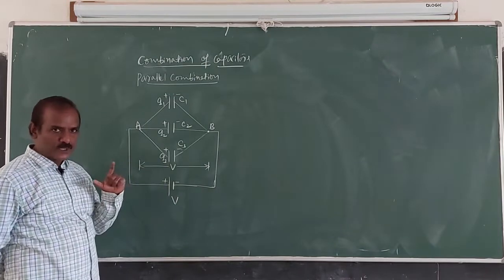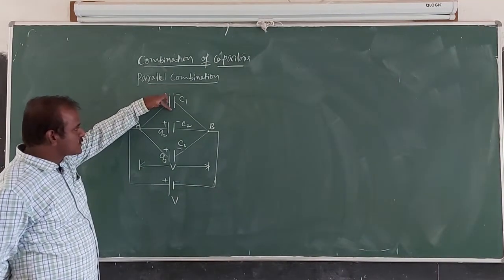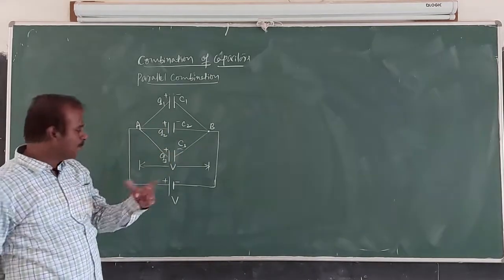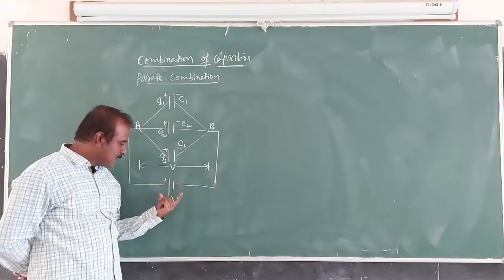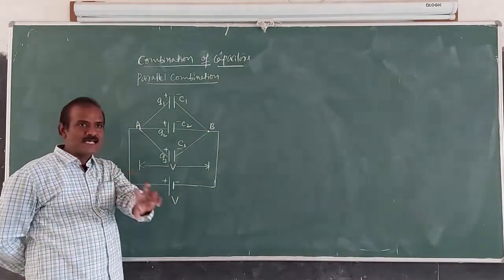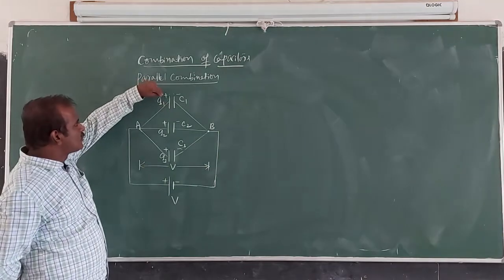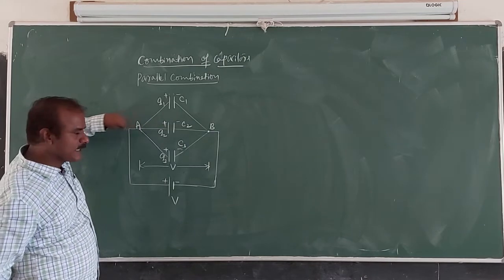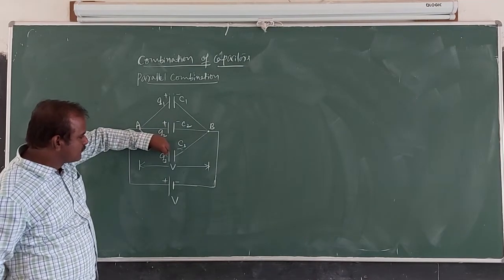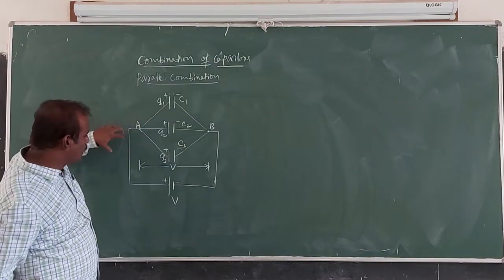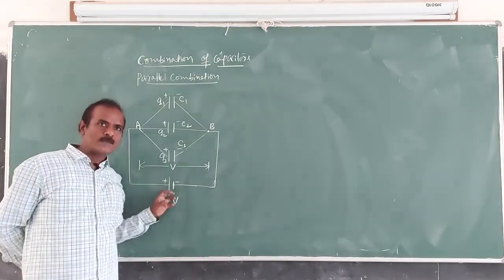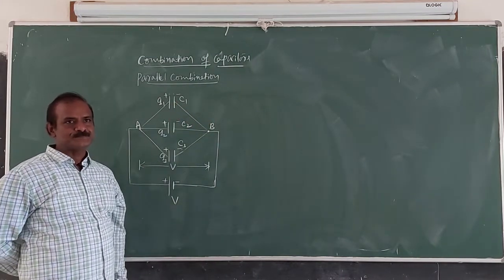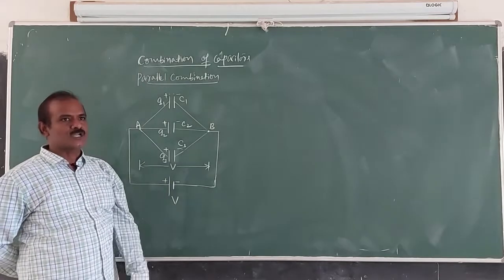Hence, students, the PD across the plates of the first capacitor, across the plates of the second capacitor and across the plates of the third capacitor are the same. PD is the same. How much is it? Same as that of the battery. Means electrons from the first plate of the first capacitor, electrons from the first plate of the second capacitor, then the first plate of the third capacitor, are all pulled and transferred through the battery, and electrons will distribute according to their charge capacities.